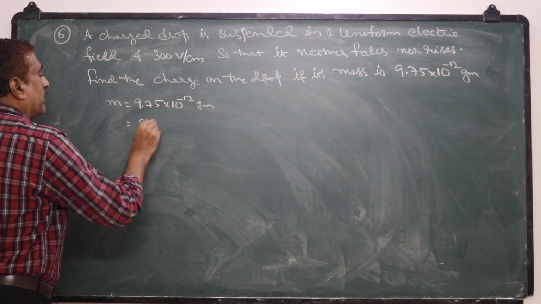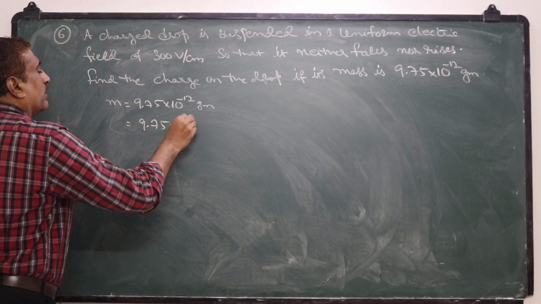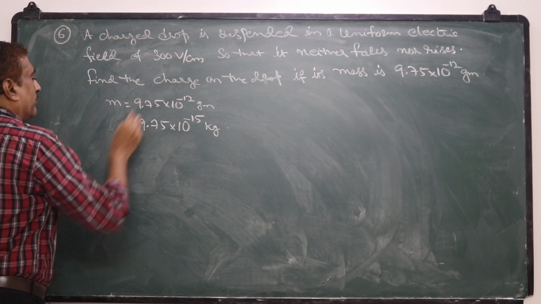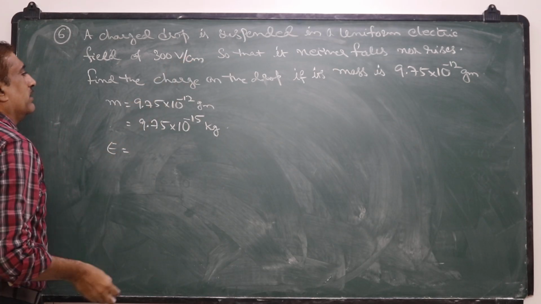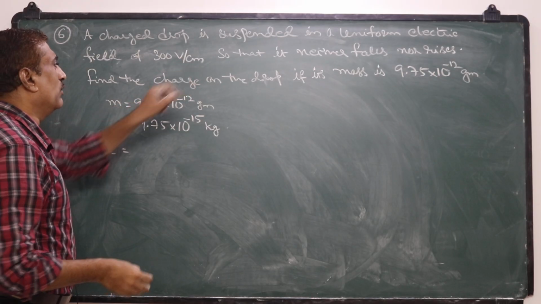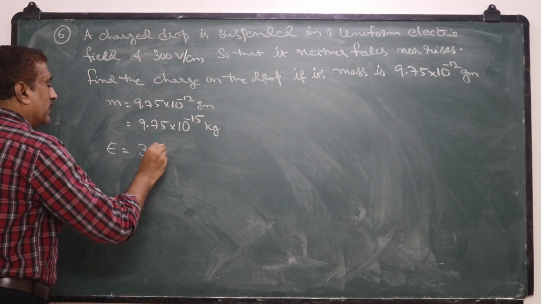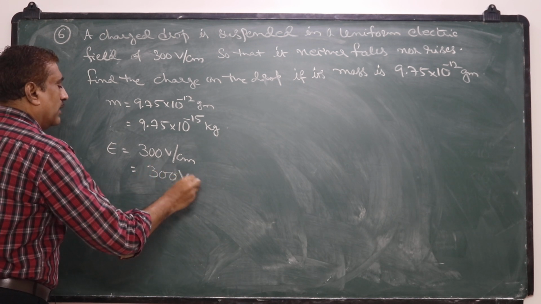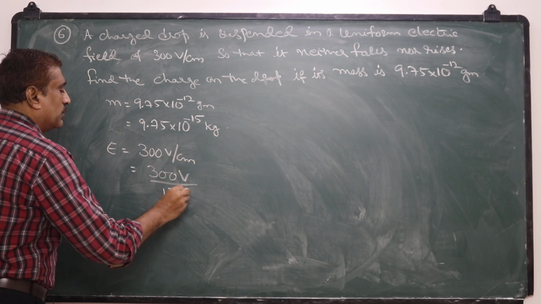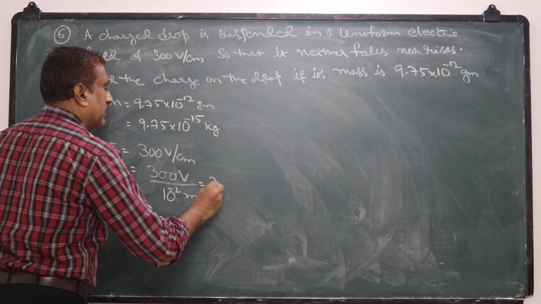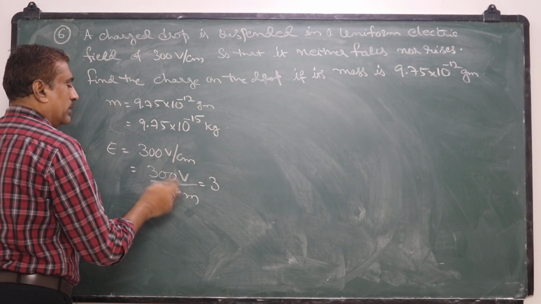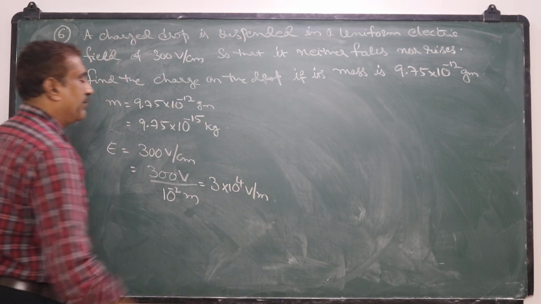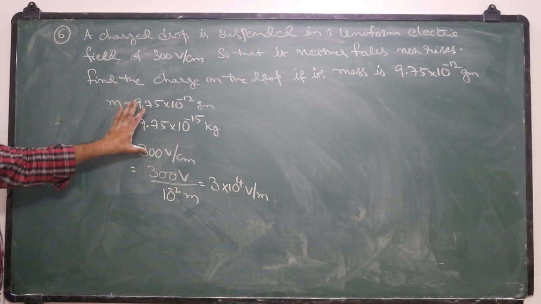So, we can convert into 9.75 10 to the power minus 15 kg, and the electric field strength is given as 300 volt per centimeter, that is 300 volt per 10 power minus 2 meter, that is 3 into 10 power 4 volt per meter. Okay, these two are given.